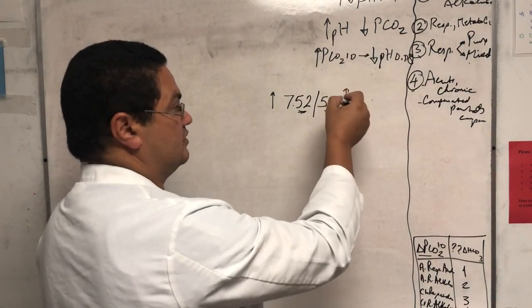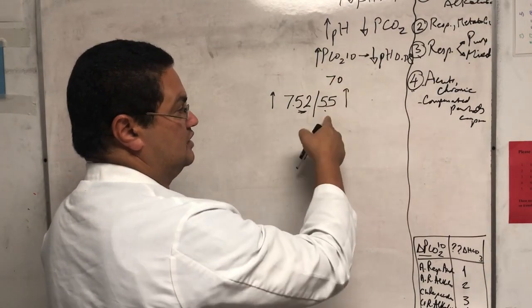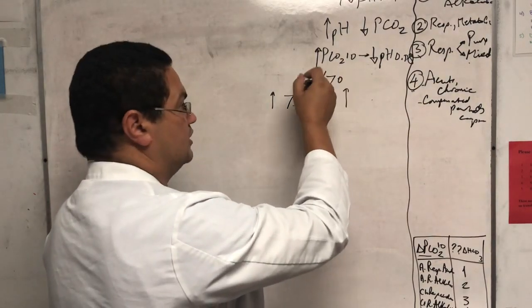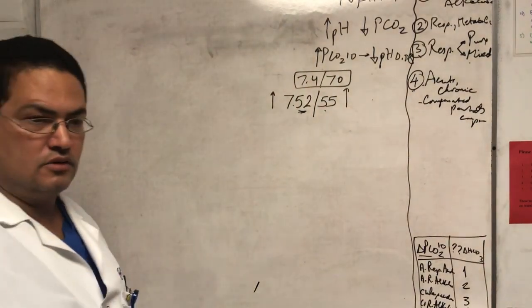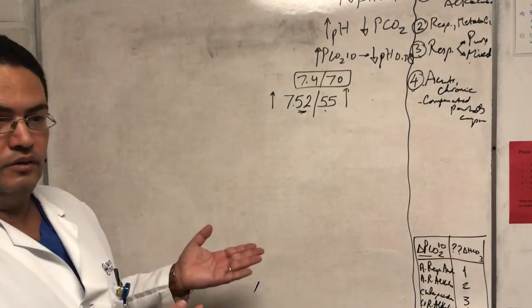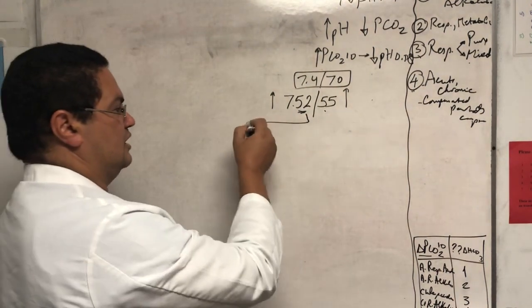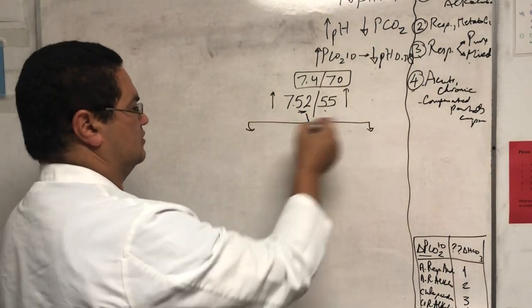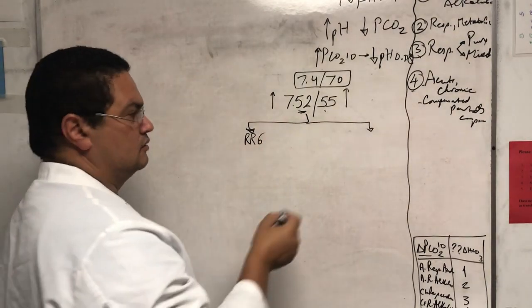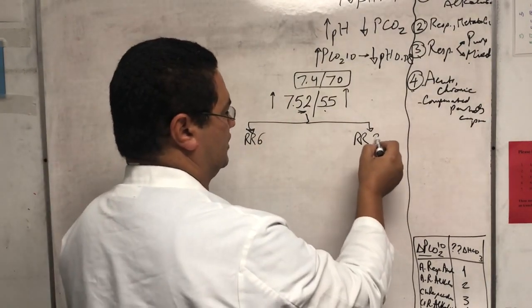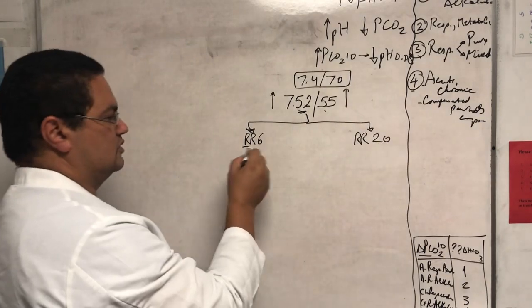If the body managed to raise this by 15, reaching 70 PCO2, this pH will be normal, and that will be a full compensation for metabolic alkalosis. But the body didn't do it. So these are the 2 scenarios. Same pH, but 2 scenarios. The patient is breathing at respiratory rate of 6. The patient is breathing at respiratory rate of 20. What's your diagnosis here?